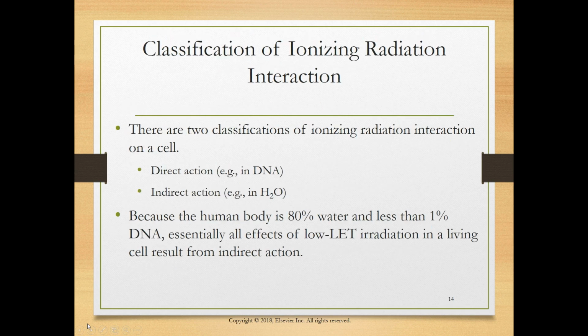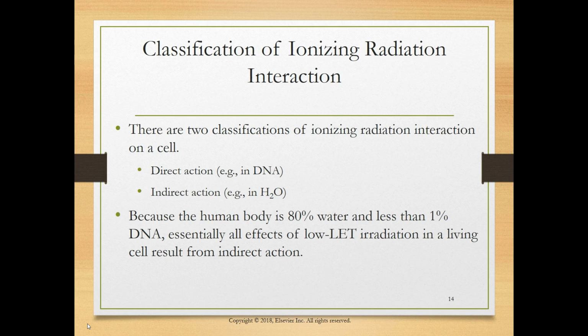So there are two types of ionizing radiation interactions on a cell, either direct or indirect. It depends on where the interaction is taking place in the cell. If it interacts with a macromolecule, a vital molecule such as RNA, DNA, proteins, or enzymes, this is called a direct action.